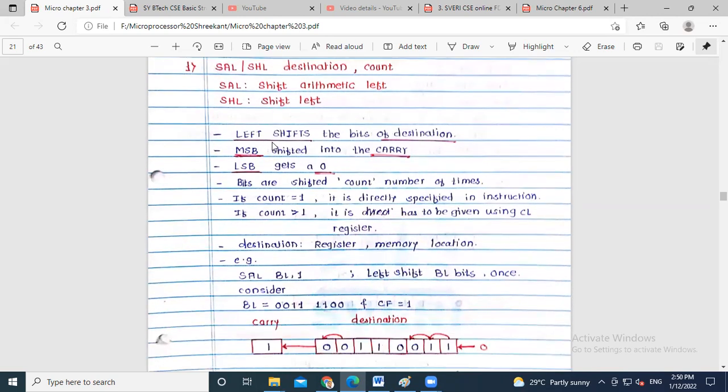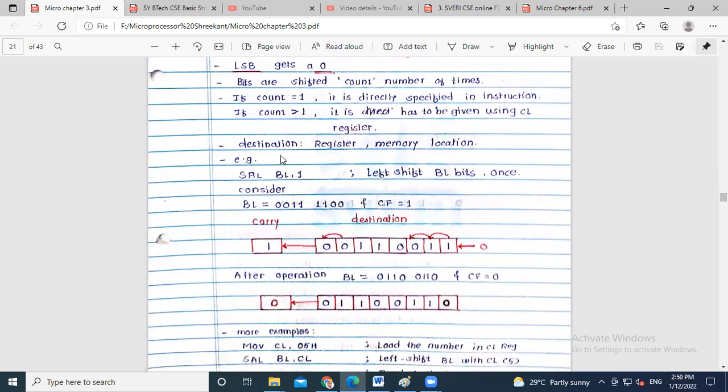For example, it shifts the bits of the destination left so that the MSB is shifted into the carry and the LSB goes to a place of 0. So the bits are shifted count number of times, and if the count is equal to 1, it is directly specified in the instruction. Otherwise, if the count is greater than 1, it has to be given using the CL register.